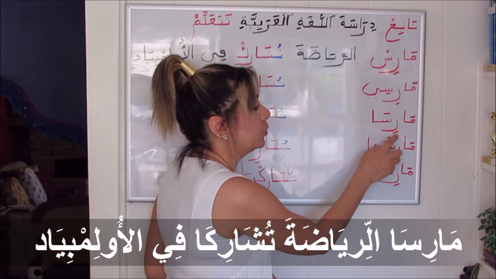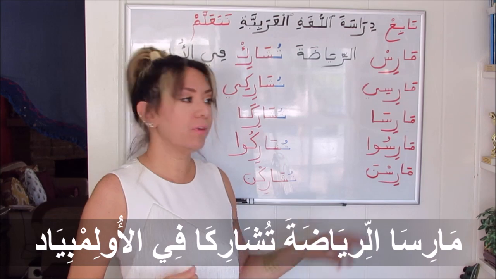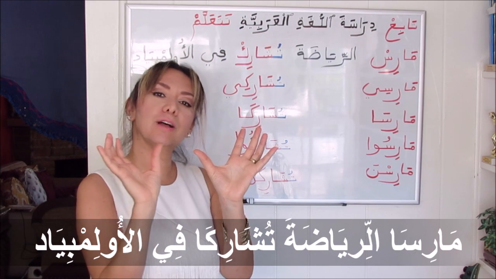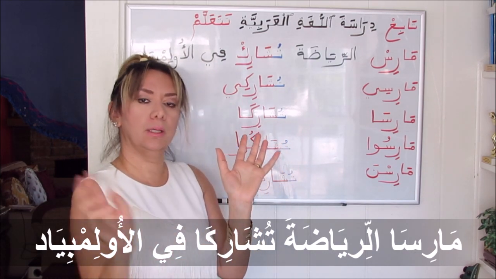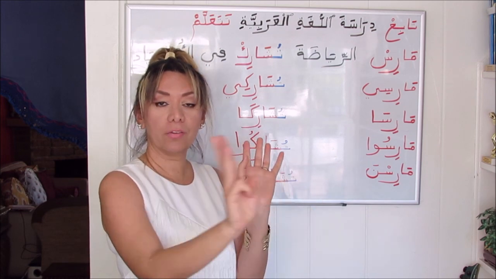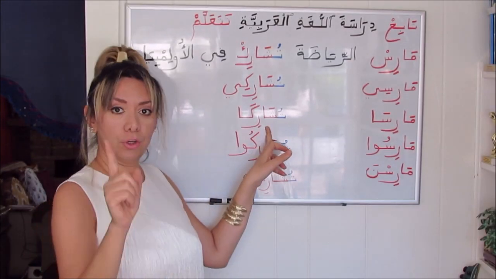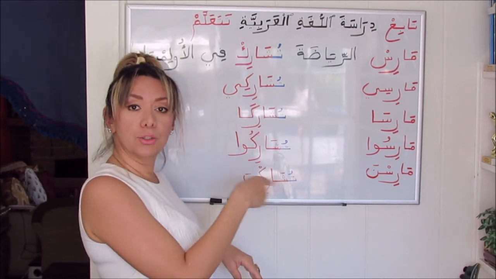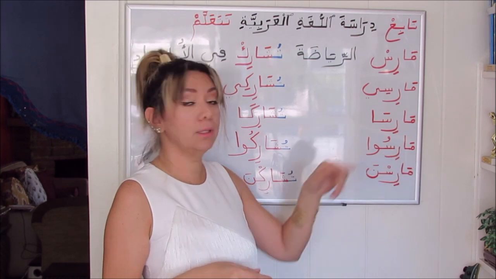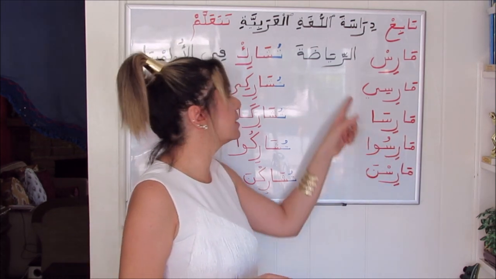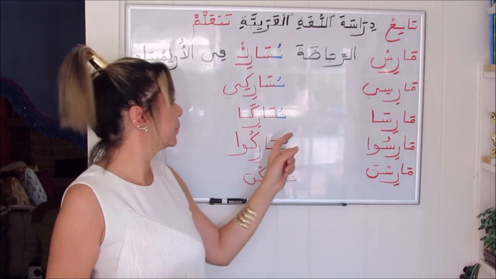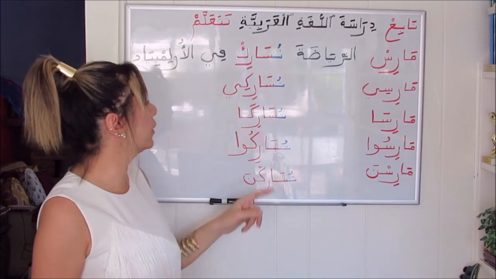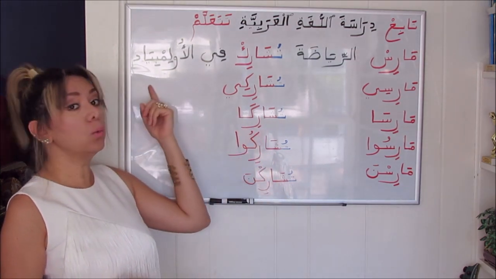And we have the same middle short vowel, the kasra. So form 3 has all fathas within its 3 radicals, so we have the middle short vowel turning from a fatha to a kasra, and we keep it the same within the imperative. مارسا الرياضة, sports. And riyada is the object of the verb with the sign of fatha, don't forget. تشاركا في الأولمبياد.